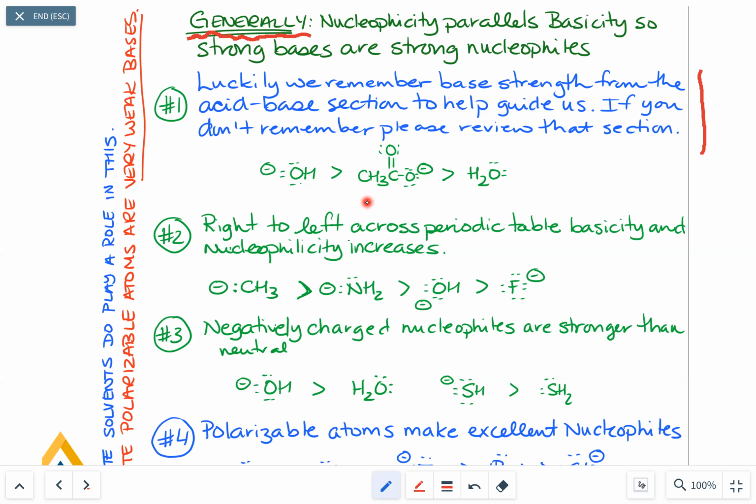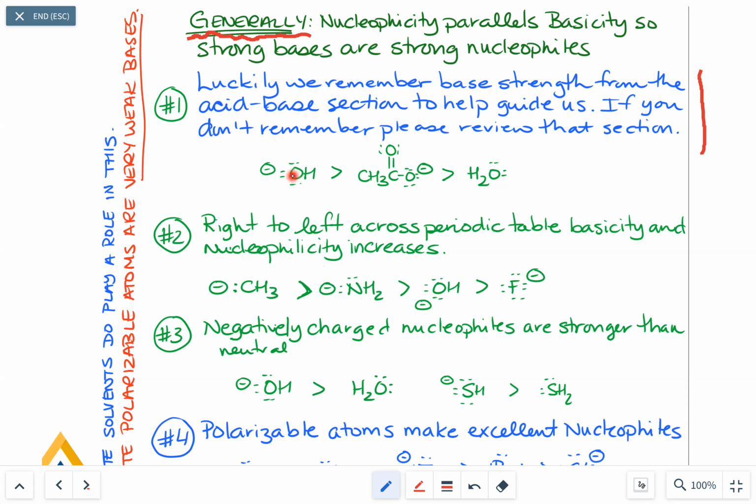Why is hydroxide a stronger base? Right. So this anion here is stabilized by resonance, right? You can move these electrons here and move those electrons up. So this anion is resonance stabilized.